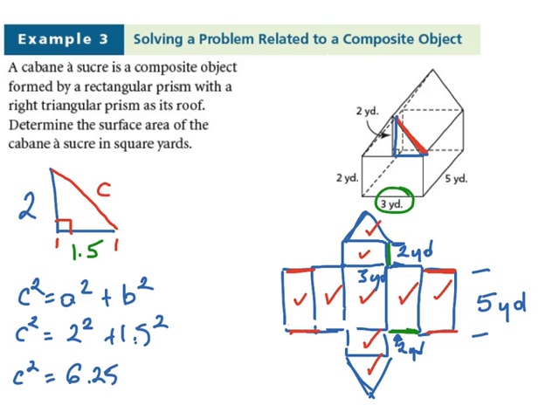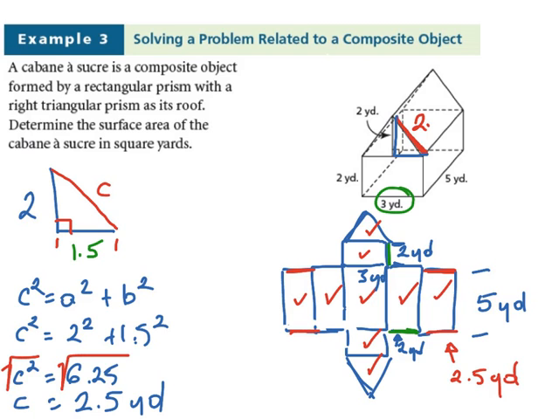Therefore, we get c is equivalent to 2.5 yards. So now we have the dimension for the missing side, which is 2.5 yards. Forgive me for writing in red. Now we have dimensions of all the shapes. I'm going to also label it 2.5 yards right there.